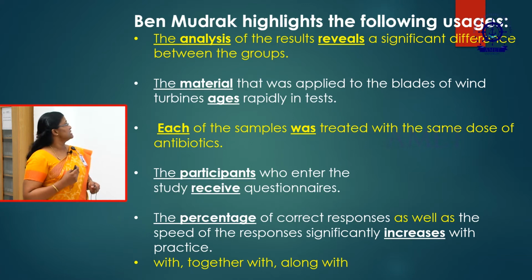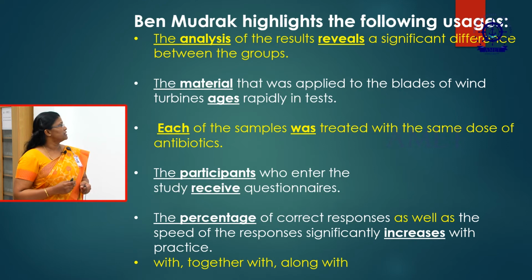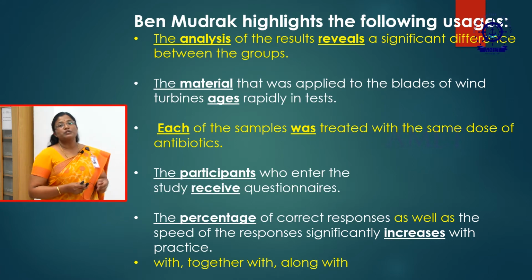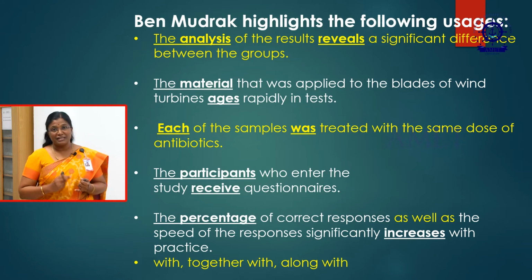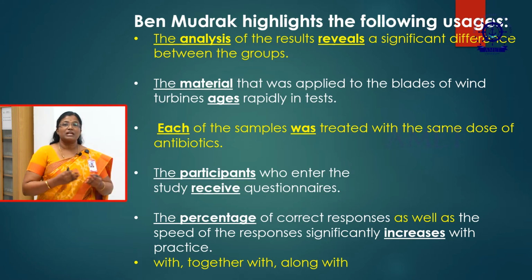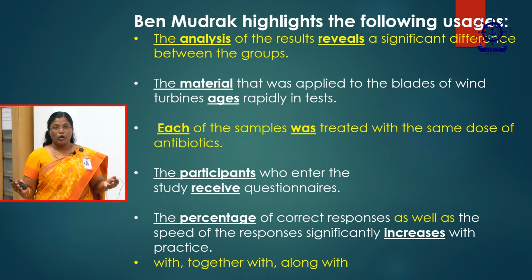The first sentence is, the analysis of the results reveals a significant difference between the groups. Here, for your better understanding, the subject is underlined. The subject is the analysis. Usually, the subject can be a single noun or a noun phrase, and the subject and the verb can be put apart, not staying close by, for example, using a conjunction or a connective.